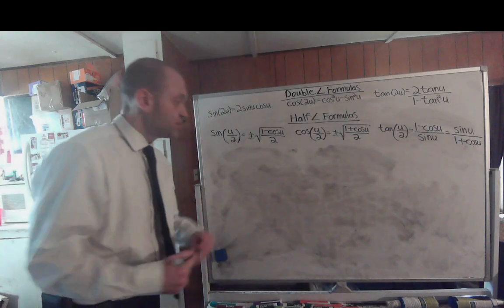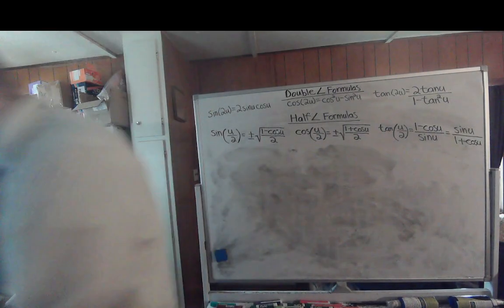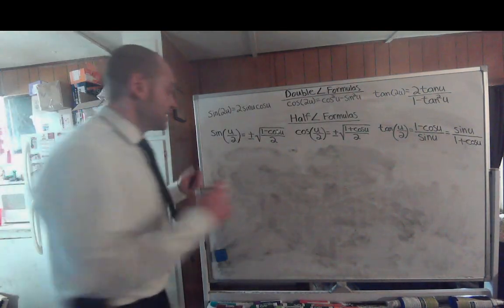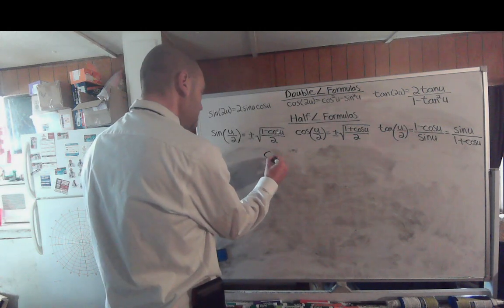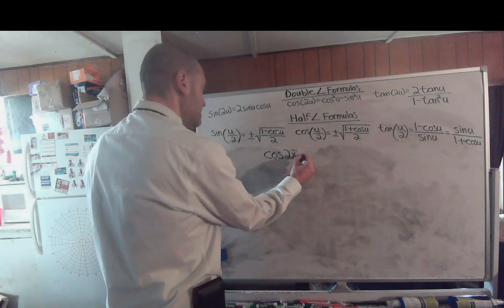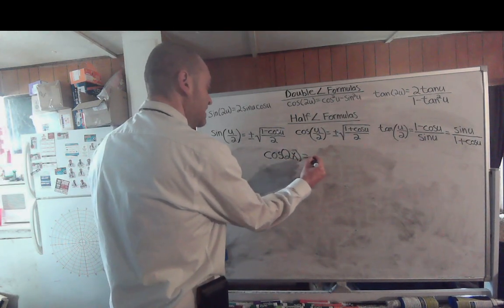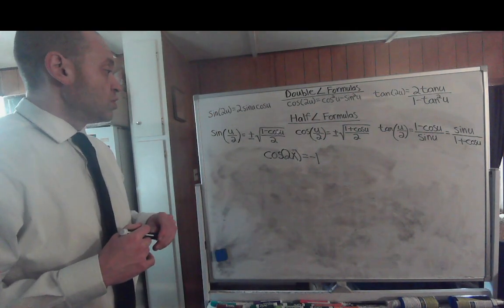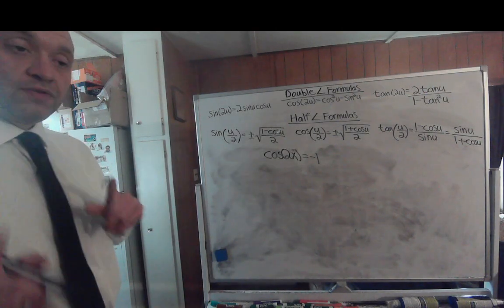Alright, so we're going to do general form of some of these equations. Let's say you have something like the cosine of 2x equals negative 1. You want to find the value of x. Well, there's a couple of options here.